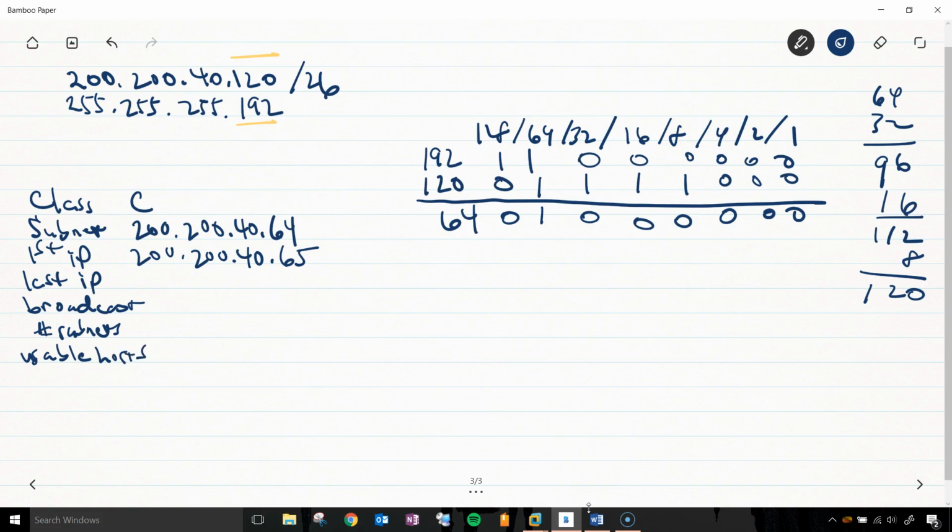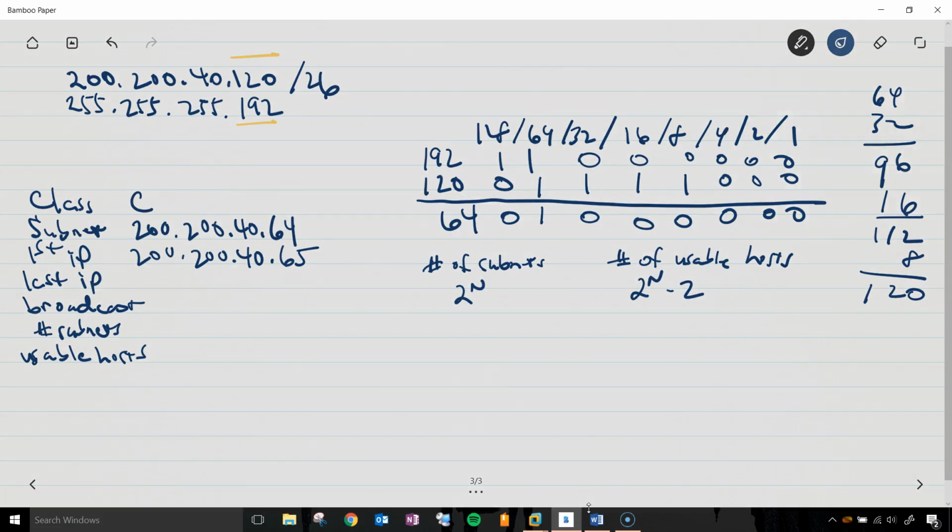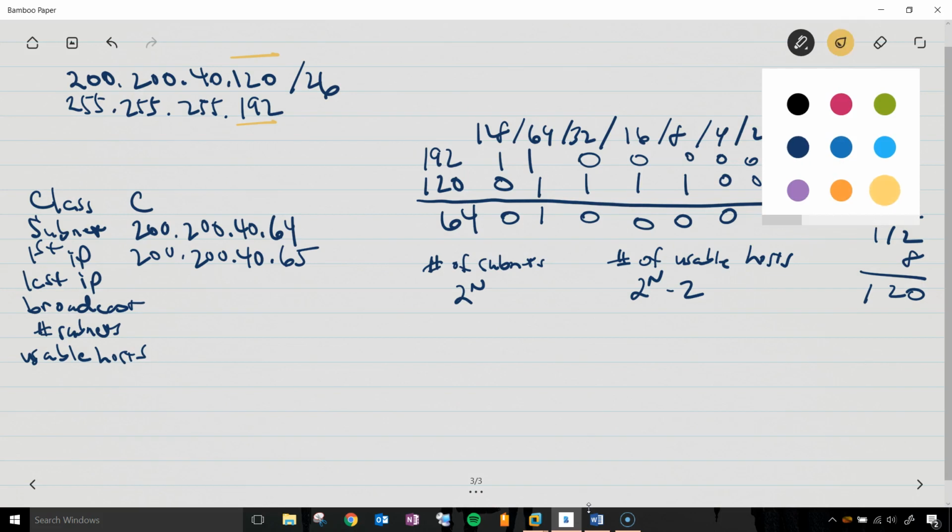Okay, so the last IP and the broadcast we determine by figuring out the number of hosts in the subnet. So number of subnets, 2 to the power of n, where n is the bits borrowed. Usable hosts, 2 to the power of n minus 2, one being the broadcast and the other the subnet address.